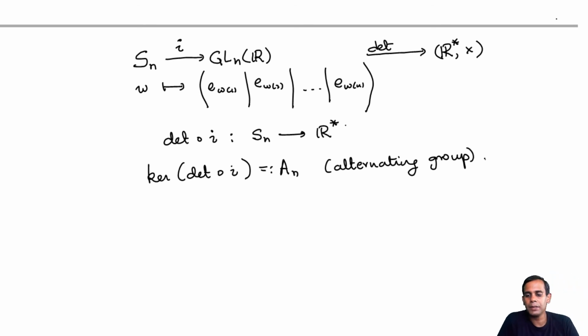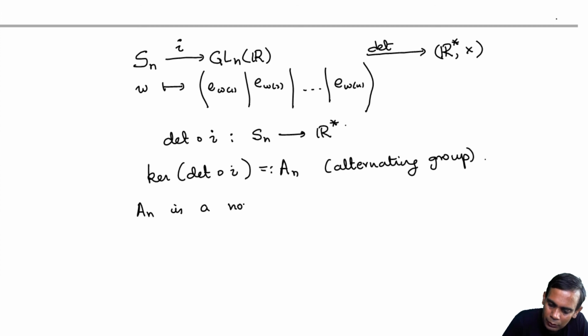This is the subgroup of the permutation group consisting of all permutations for which the corresponding permutation matrix has determinant +1. Because it's the kernel of a homomorphism, An is a normal subgroup of Sn.